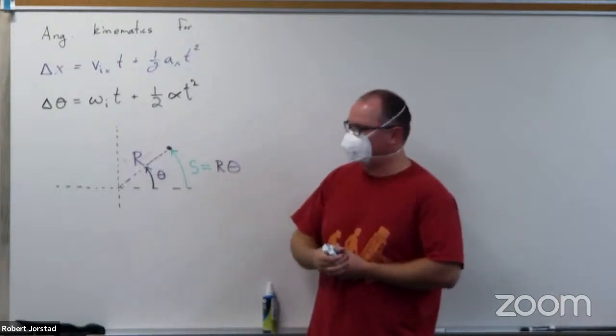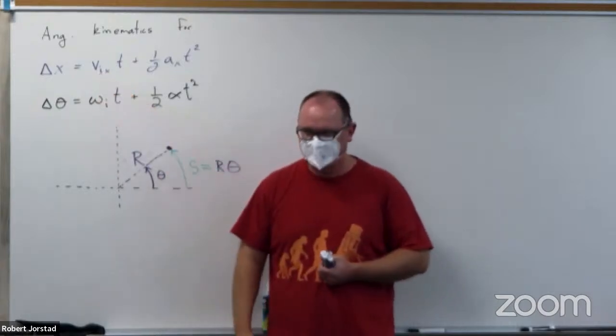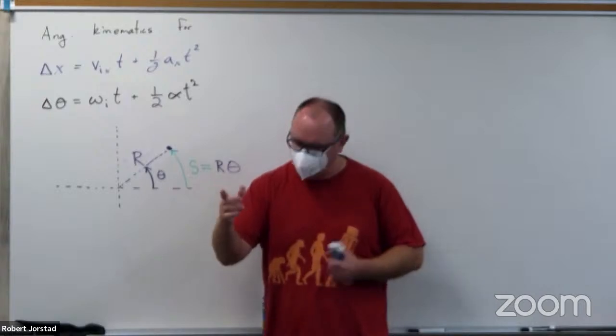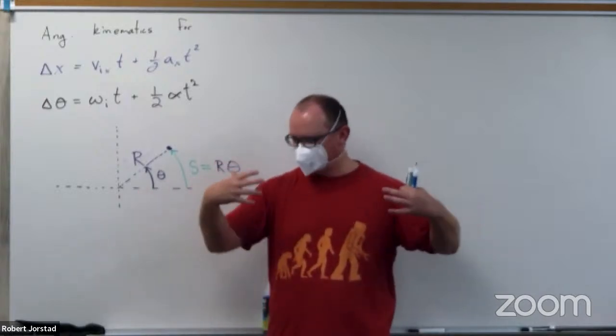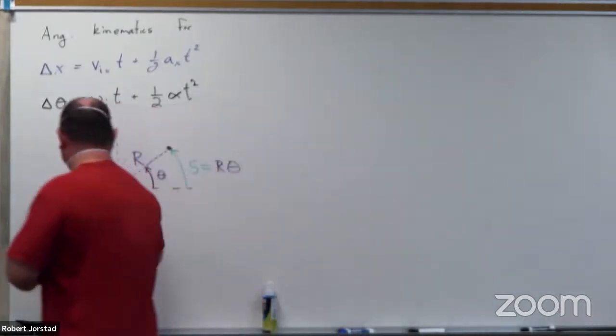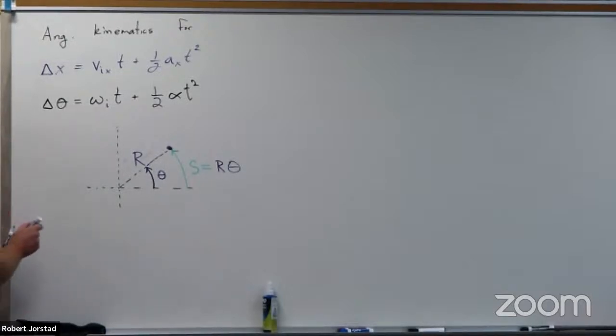Does anybody remember how omega relates to velocity? It's not your omega, it's our omega. Remember that? Dom's cringing in the back. Let me see if I can draw this.